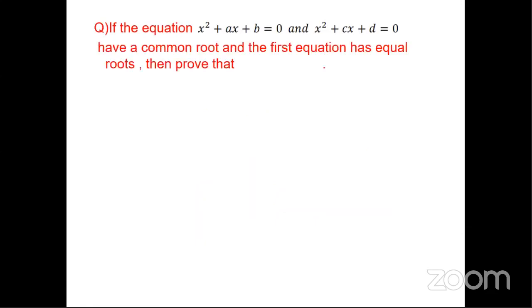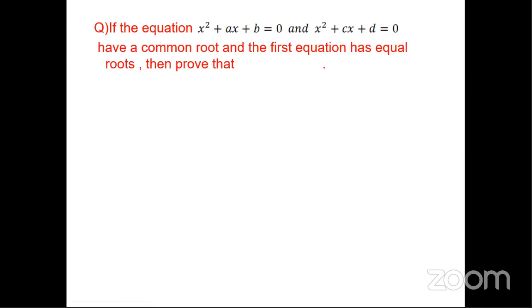Now, the equations x square plus ax plus b equal to 0 and x square plus cx plus d equal to 0. These two are quadratic equations in variable x, right?